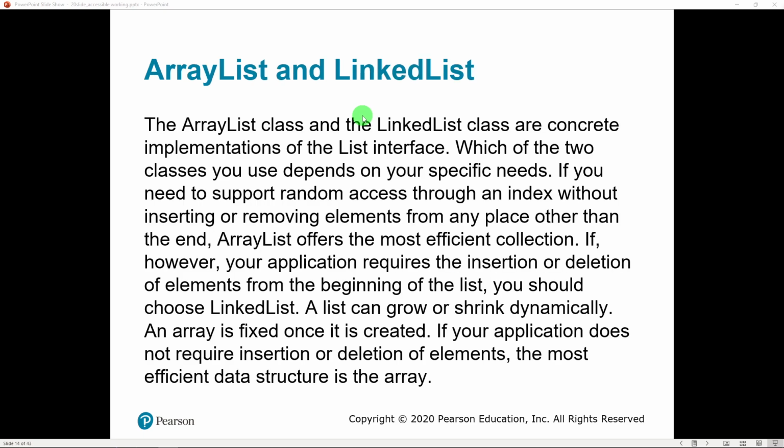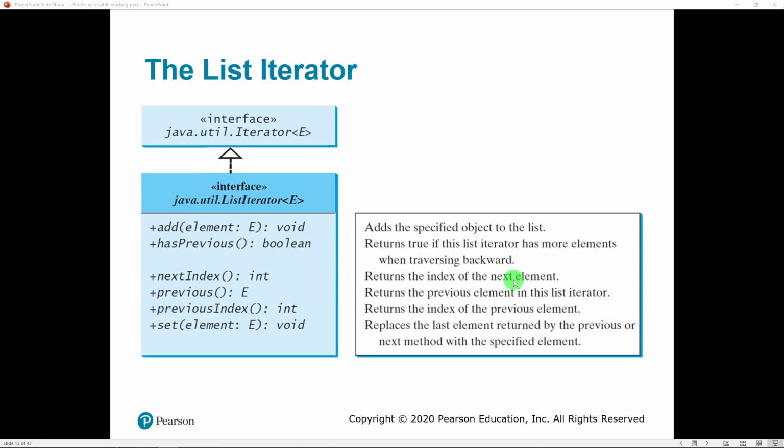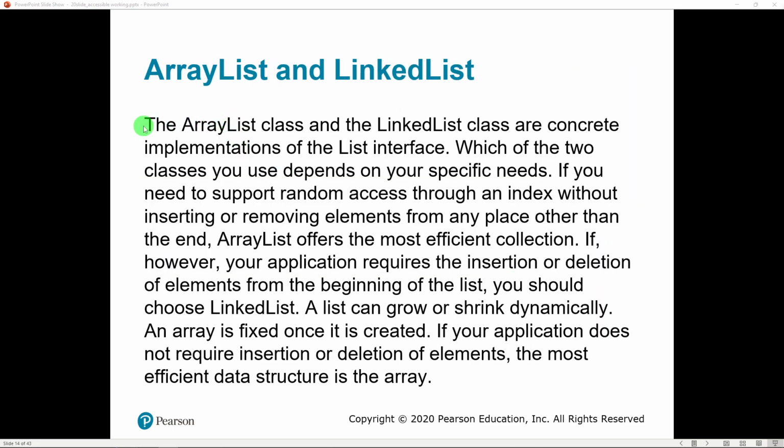Okay, now we're jumping down in our chart to the actual ArrayList and LinkedList. We're going to take a look at those. The ArrayList class and the LinkedList class are concrete implementations of the list interface. By concrete, it means we can actually create an array list, which we've done in the past, or we can create a linked list, and we're going to see how to do that in a minute.